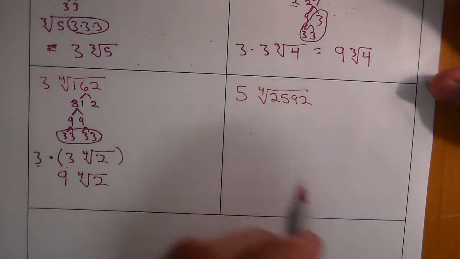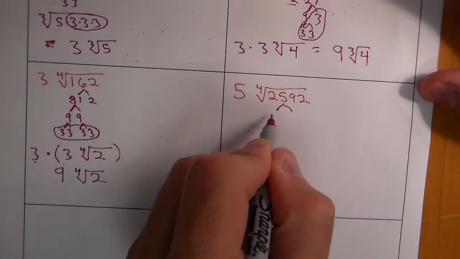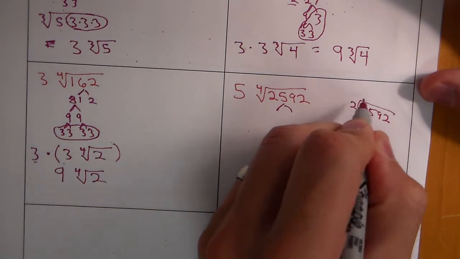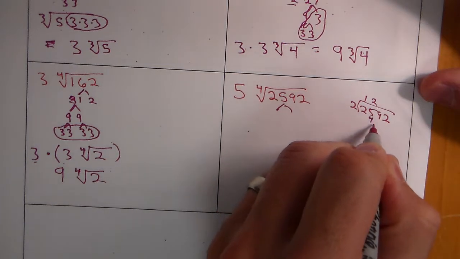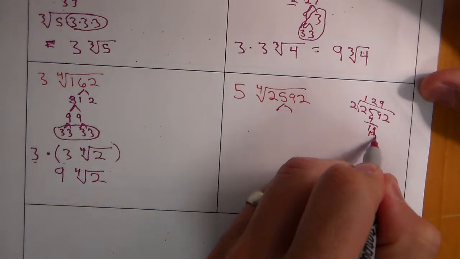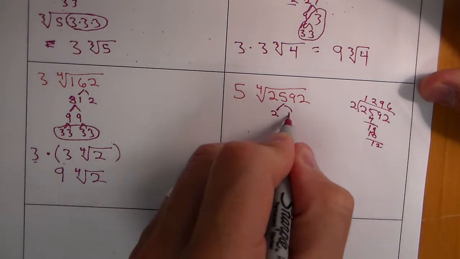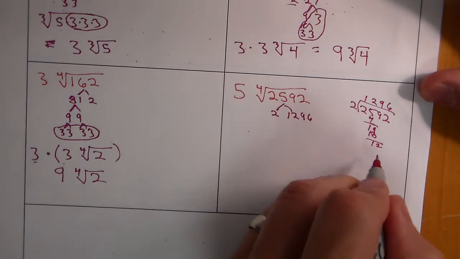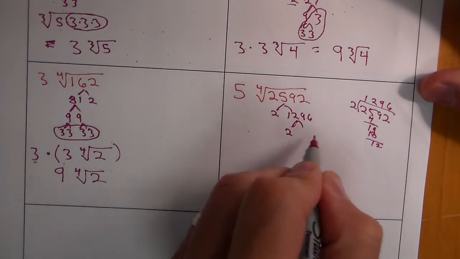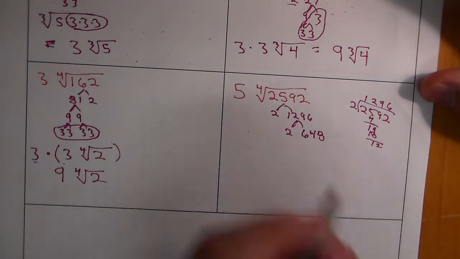For the last one, we have 2,592. Well, I can divide it by 2 and get 1,296. I can divide that by 2, and that comes out to be 648.